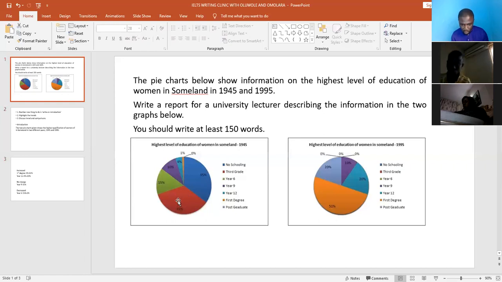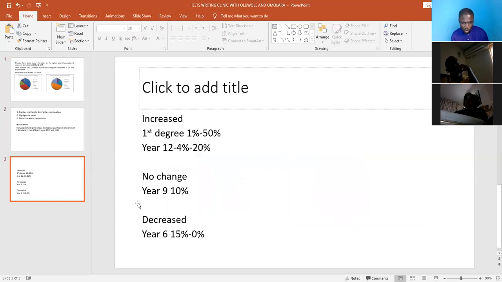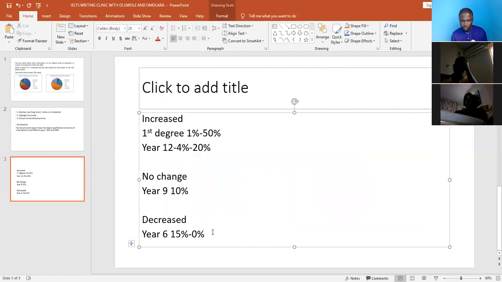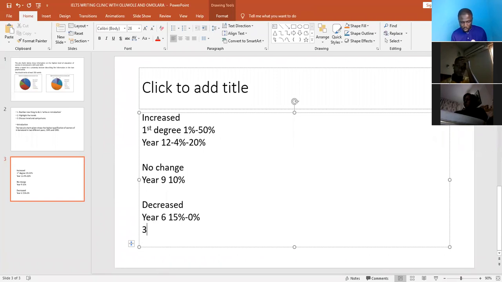Okay, let's look at this one. Red, third grade, 35%. But third grade was 0% here. I think there are 3 that were 0%. Third grade.